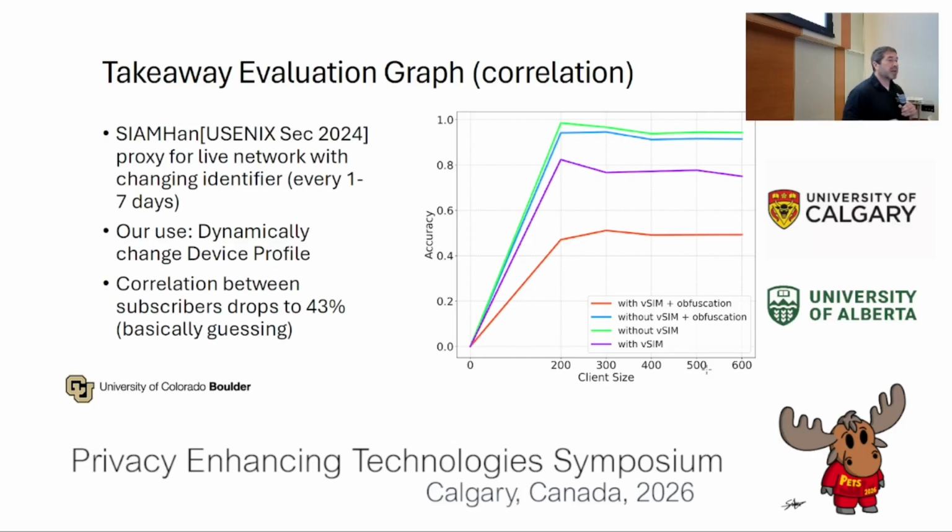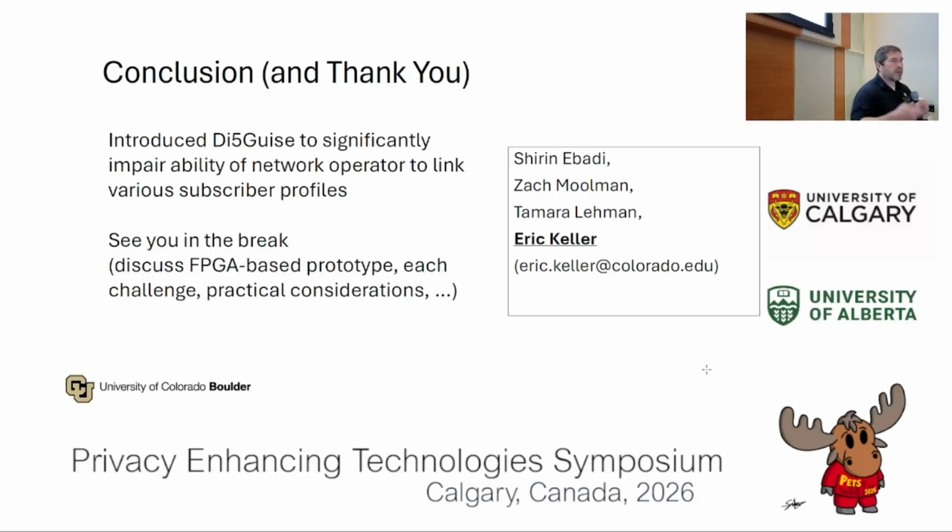So you're basically guessing at that point. So with that, we introduced Di5Guise to significantly impair the ability of network operators to link various subscriber profiles. And you can see me in the break, where we'll discuss this. It was all built with an FPGA-based prototype, and we can go through it. So with that, thank you.